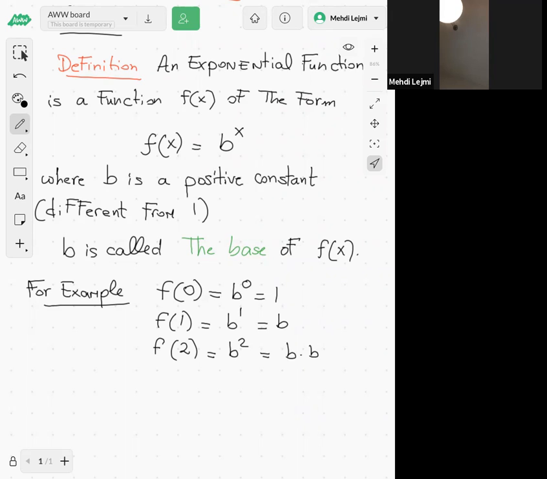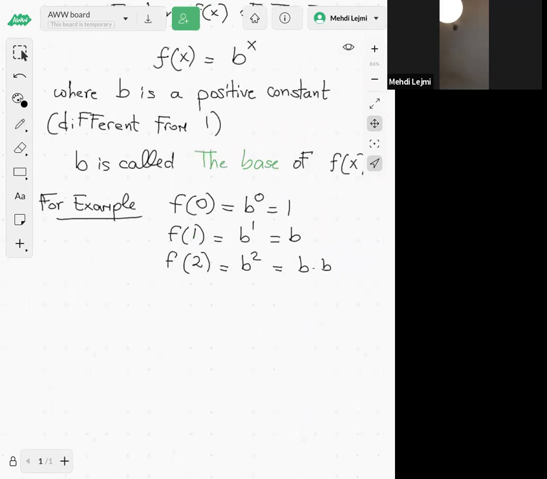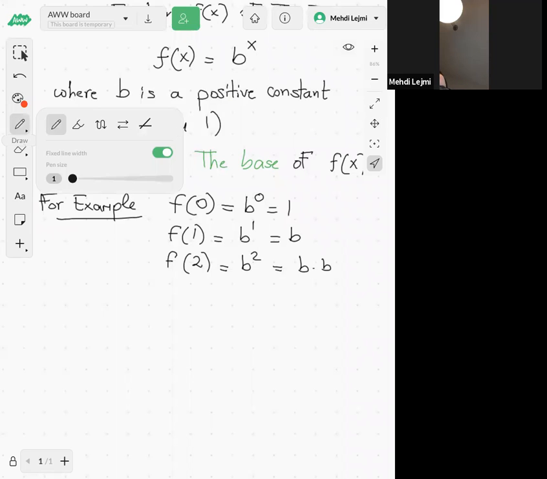Now, after the exponential, I try to introduce the logarithmic function. The logarithmic function is the inverse of the exponential function, right? Oh yeah, before the logarithmic function, let me just say, guys, there is a special number called the number e.